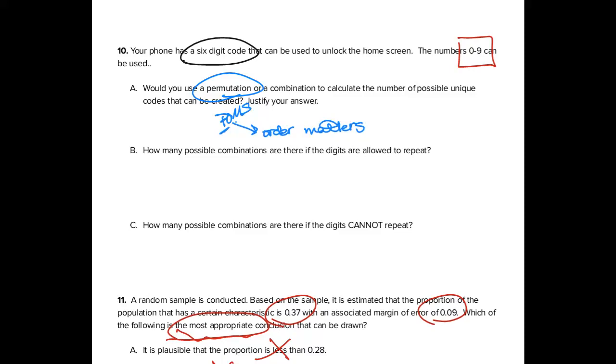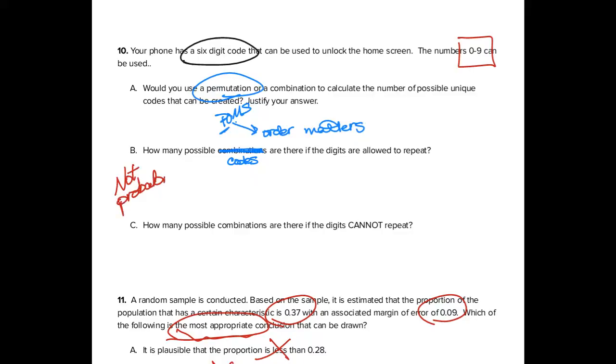Now, we're talking about a code. How many possible codes are there? It's a permutation of codes. How many possible codes are there if the digits are allowed to repeat? Now, this is not probability. It does not say what is the probability.